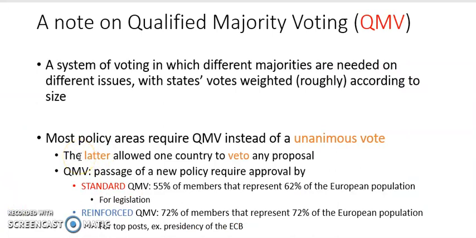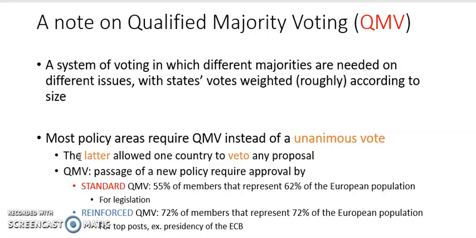Just a brief explanation of qualified majority voting. Here's a definition. It's a method or a kind of voting in which different majorities are needed on different issues. Okay, but you need a kind of majority, not a simple one, though.